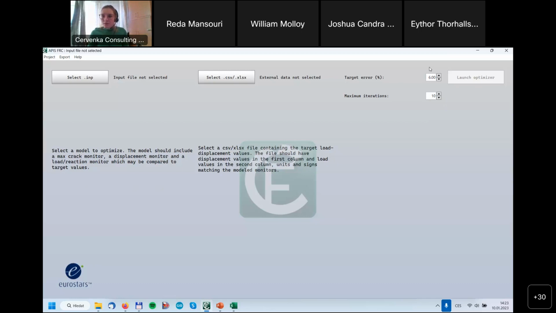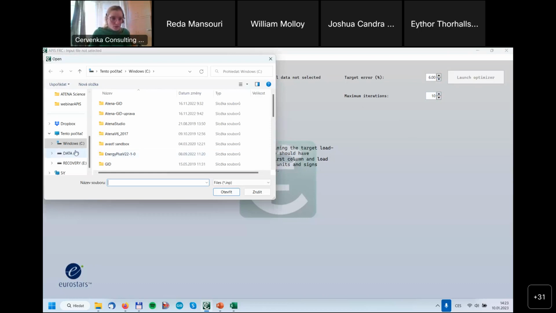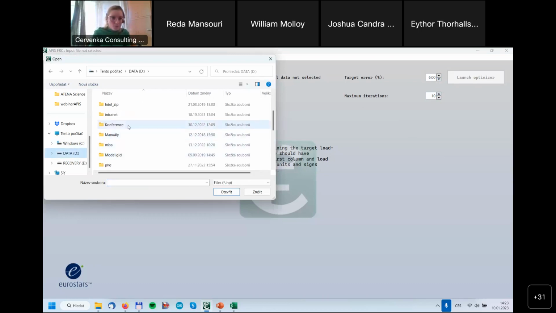Then there are 2 things that you can adjust. The first one is the target error that you can increase or decrease. And then there is the maximum number of iterations that you want to run. When you have it set up, I will load some example.